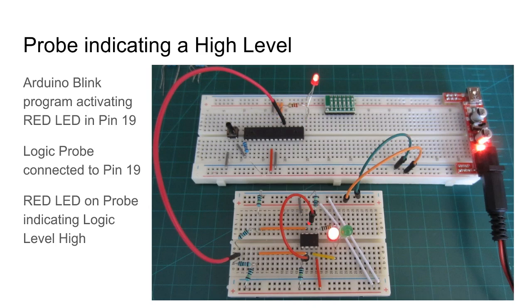And you'll see on the logic probe, it's lighting up the red LED, which is the logic high indicator. Nothing else has changed on the circuit. I've got everything hooked up exactly the same as the previous circuit, except the Blink program has been running, and as that LED is lit, that pin is set to high, which obviously shows immediately on the logic probe.